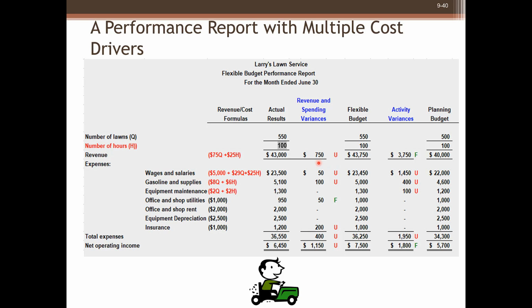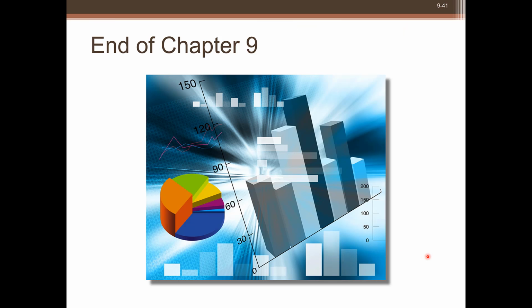Here, revenue variance is unfavorable. Most spending variances are unfavorable too. Overall, net operating income is lower than expected for the actual level of 550 lawns mowed and 100 hours spent on edging and trimming. This is the end of chapter 9.